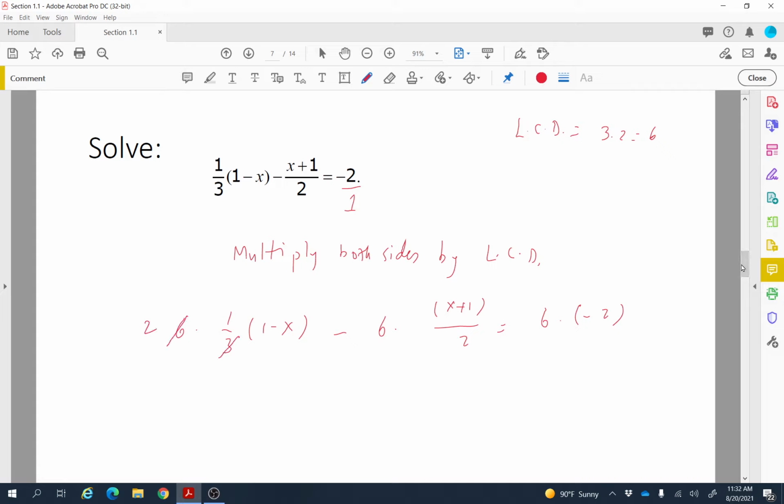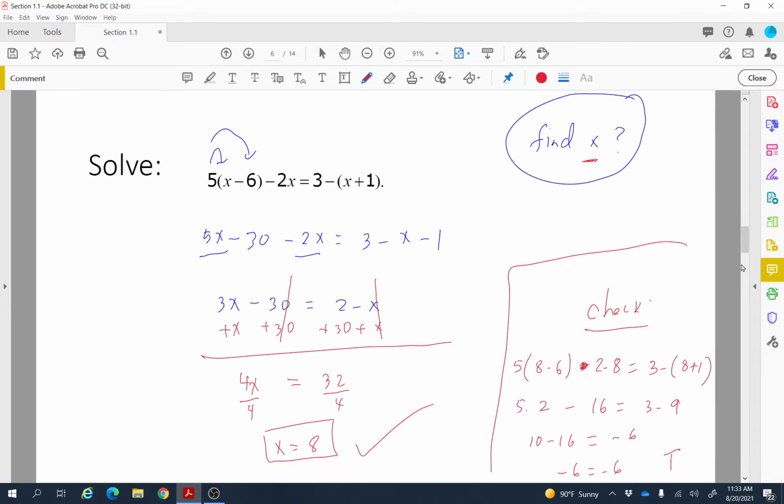If you divide 6 by 3, that will be 2. I can divide 6 by 2, which is 3. So eventually on the left side I'm going to get 2 times 1 minus x minus 3 times x plus 1. And on the right side I have -12 because 6 times -2 is -12.